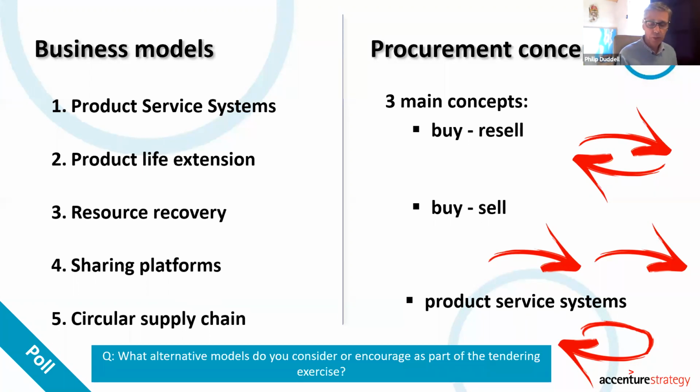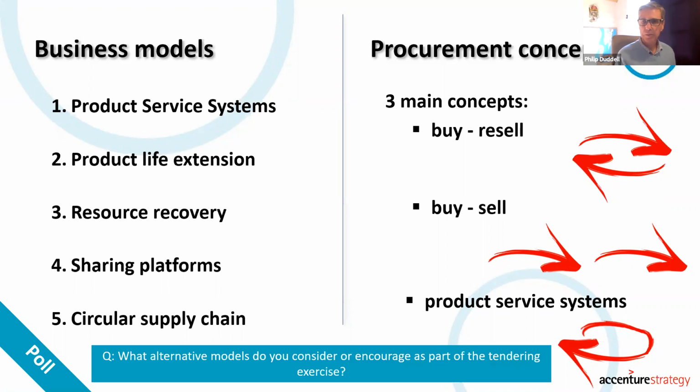So a product as a service, for example, we spoke yesterday about Philips Lighting, the Dutch company, which has changed its name now, and I forget what they're called now, but Mervyn will remind me, I'm sure. They have been for many years providing lighting as a service. So you just buy the lumens, if you like, the lighting that you need, rather than having to buy all the light fittings and the equipment that goes with it.